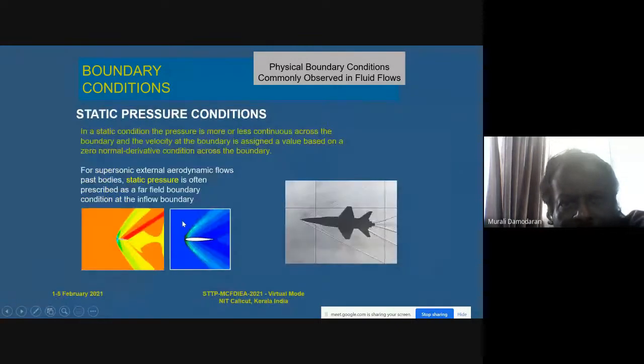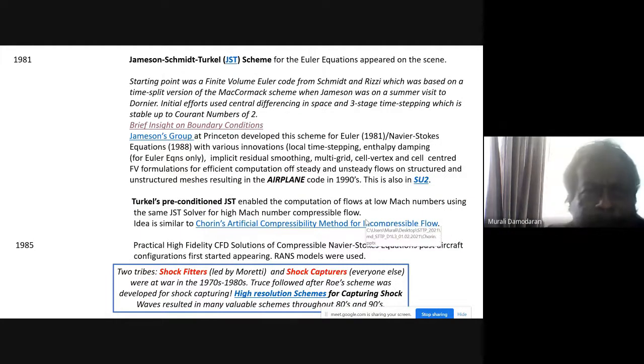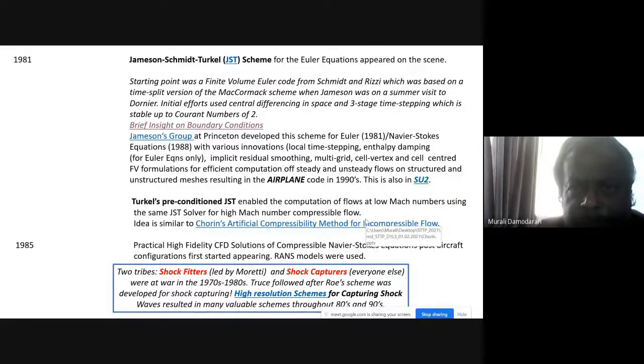Okay, so that is what I have to say about that. If you look at supersonic flow, I don't need to have a big rectangle over there because there's nothing happening here. So I need a truncated domain, and I specify my boundary condition according to those.